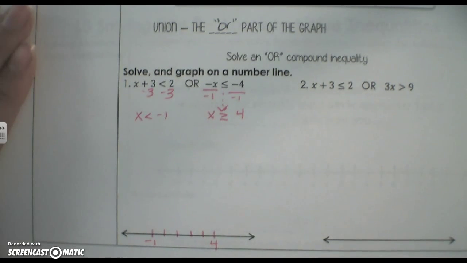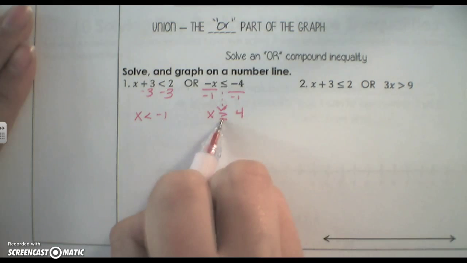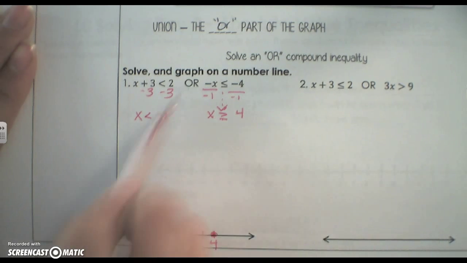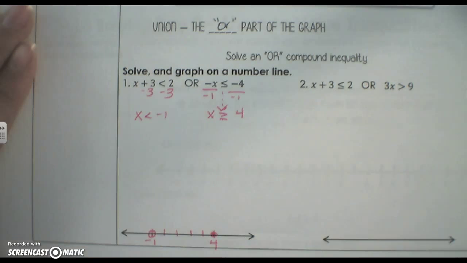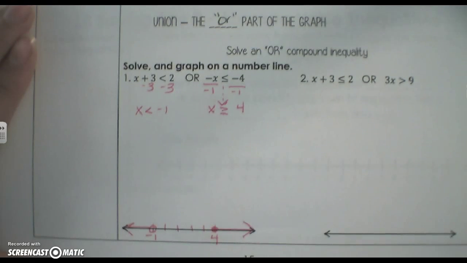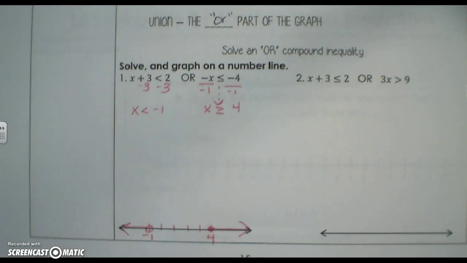So we've got a closed circle here at 4, but we have an open circle here at -1. And we know that since it's an OR, we're going to be going greater than 4 and less than -1. So opposite directions. Go ahead and try number 2, pause, and then check when you're ready.